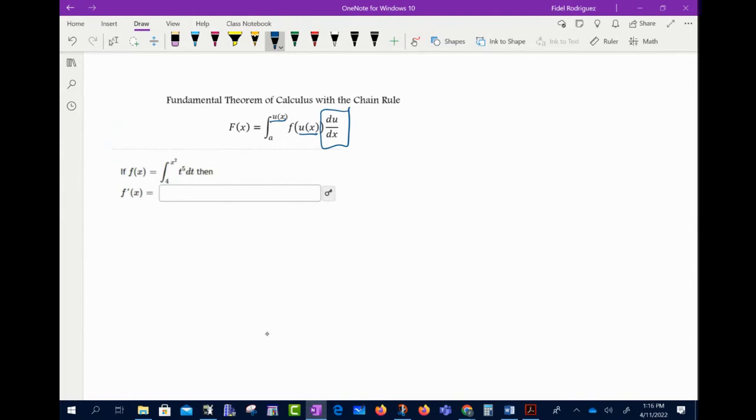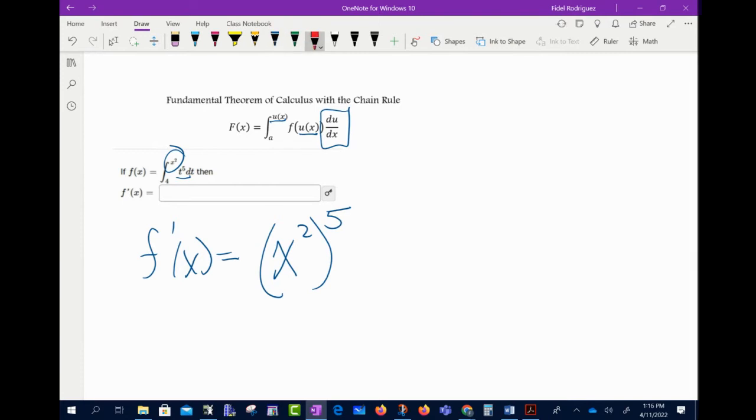So look, if f of x is equal to the definite integral from x squared to 4 of t to the 5th dt, then f prime of x is going to be equal to, again, everywhere I have a t, I'm going to plug in an x squared in this case because that's my upper limit. Now that's still being raised to the 5th power, right? Now, the other thing I need to do is take the derivative of my upper limit. What's the derivative of x squared?